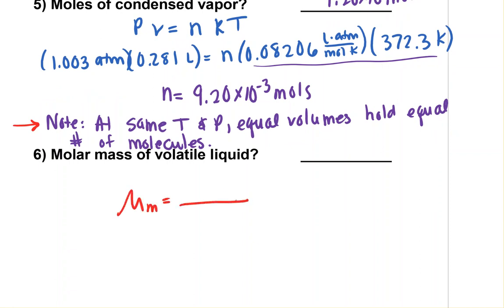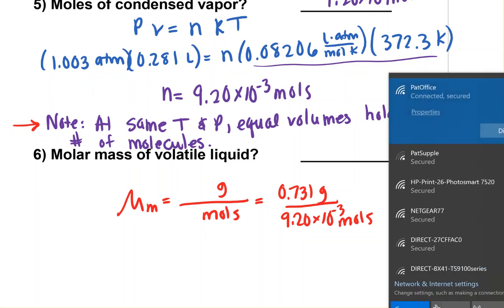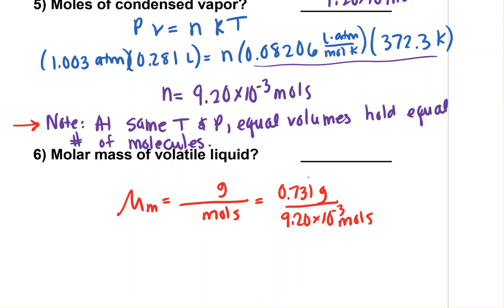And you're just going to use the definition of molar mass. It's grams over moles. So you plug in the grams of the condensate and divide by the number of moles you had. Okay.